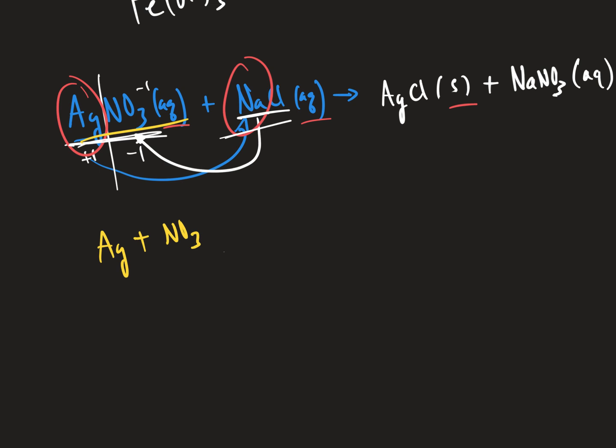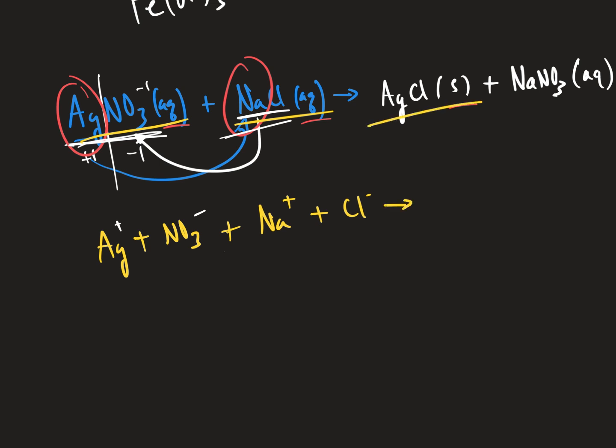So we've got Ag plus NO3 minus. And this one's also going to split up into Na plus and Cl minus. Are you following me? I'm just showing you in an equation what happens if you throw it in water. They all split up, right?